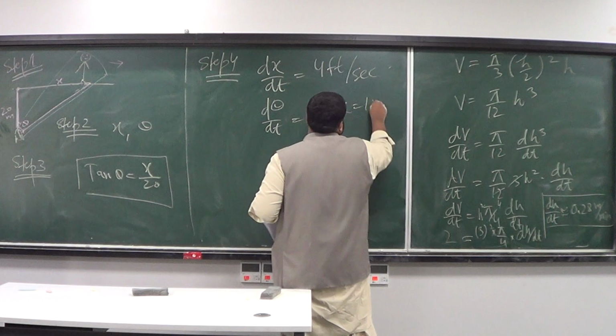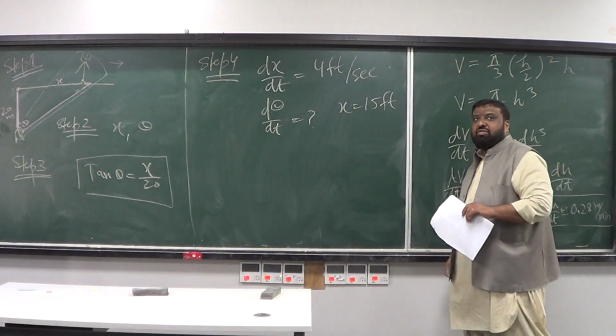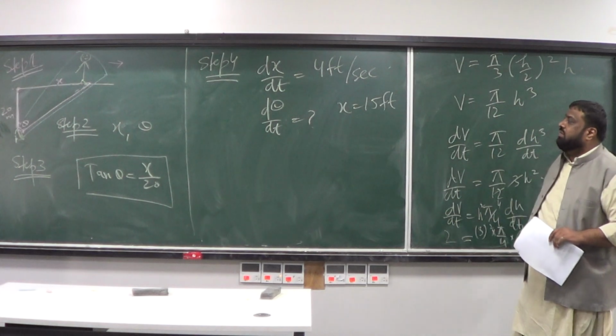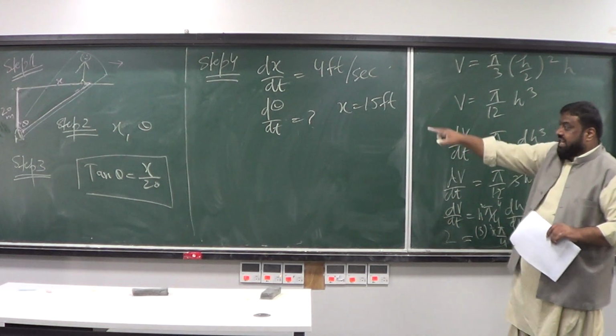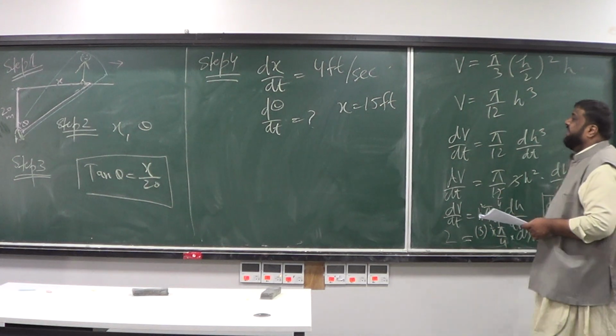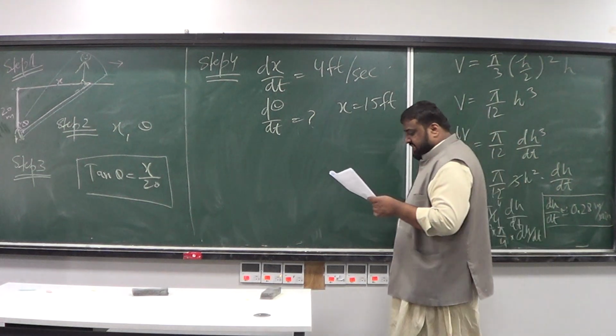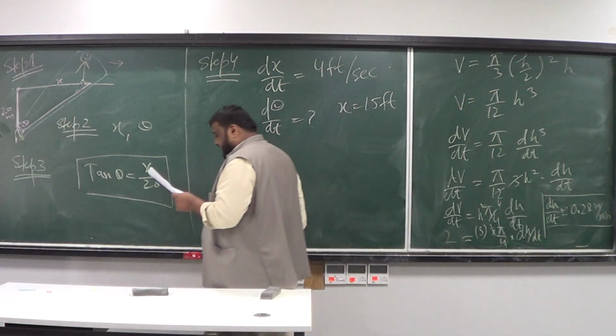So x was 15 feet initially. So when this person was spotted for the first time, the distance from that base point was 15 feet. The question is, can I find d theta by dt? The answer is not a big deal.